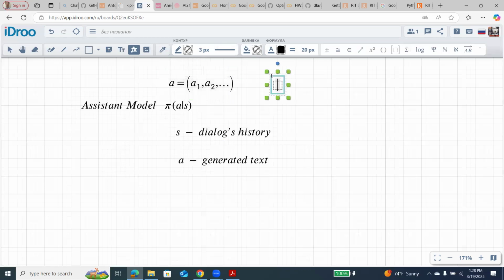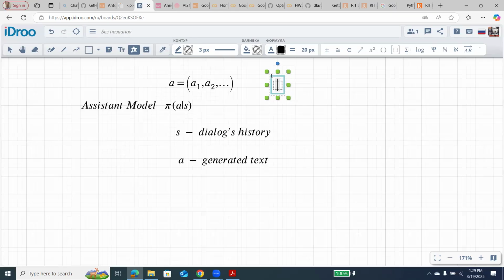To calculate the probability, for example, we can take the probability for token a1. You remember in the last output layer we have logits of the size of the dictionary, and because we know the word a1, we will take the logit with the index for this word a1. We apply softmax, and this will give us the probability of token a1.